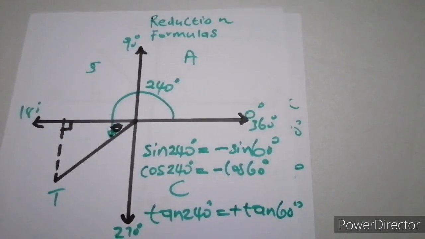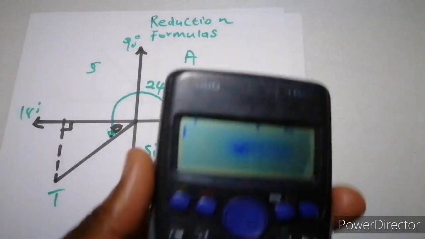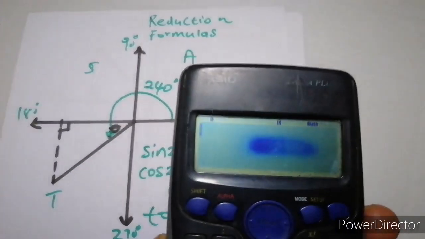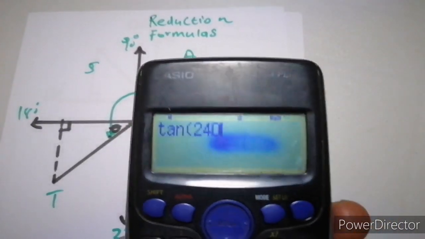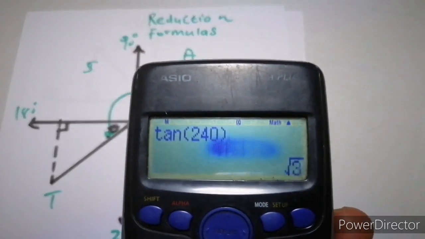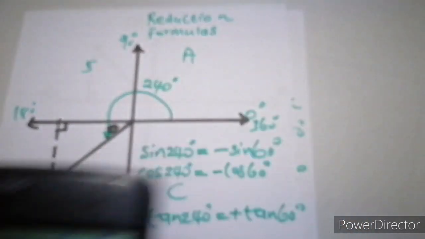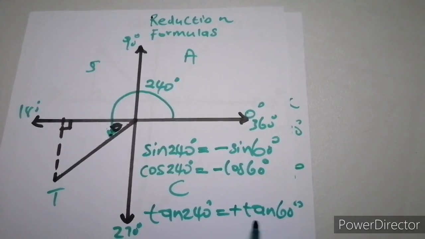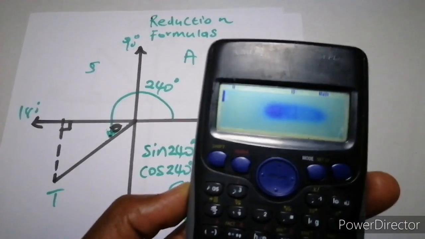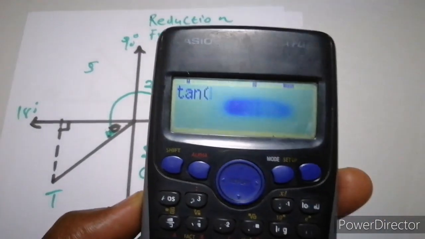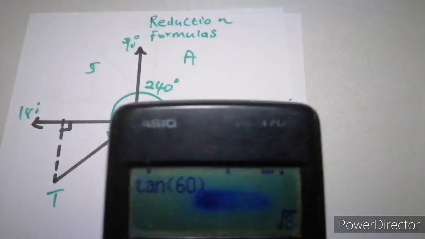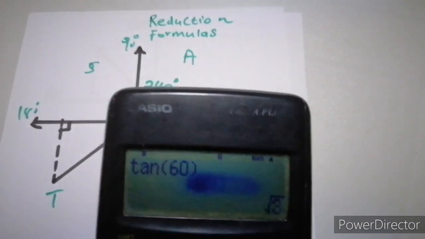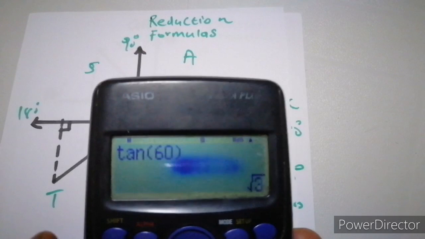So when you press this on your calculator, you're going to get the same answer. The tangent of 240 is equal to the square root of 3. Let's check if it is the same as the tangent of 60. Now the tangent of 60 degrees. We get the same answer. That's how we reduce angles to acute angles, but referred to the quadrant.